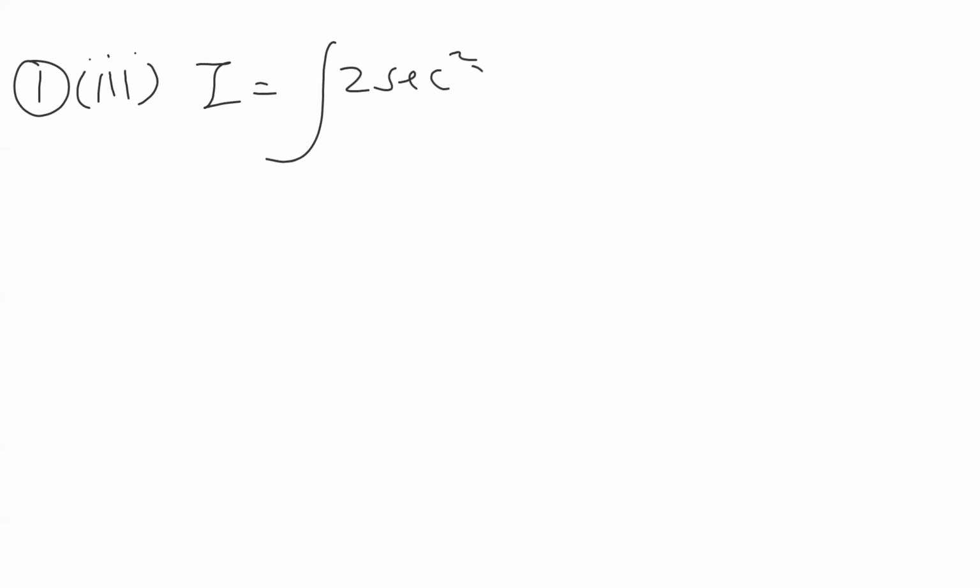Question number 1, sub question 3, a relatively simple problem in terms of formula application. Integral of 2 sec square x plus x cube plus 2 dx, lower limit is 0, upper limit is pi by 4.